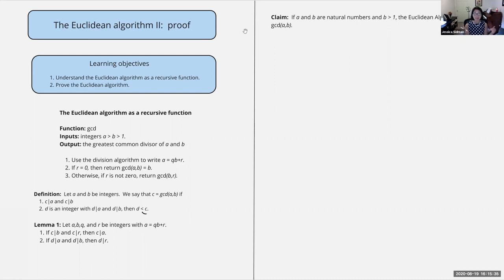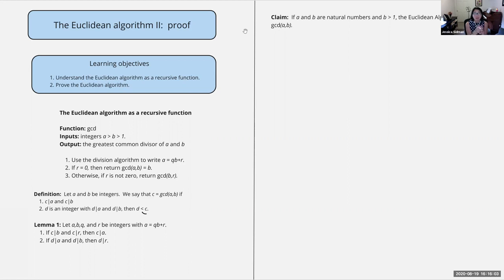The first thing it does is use the division algorithm to write A equals QB plus R. Then if R is 0, I should return that the GCD of A and B is B, because in that case B divides itself, and it divides A, and no bigger number can possibly divide B, so it has to be the greatest common divisor of A and B.